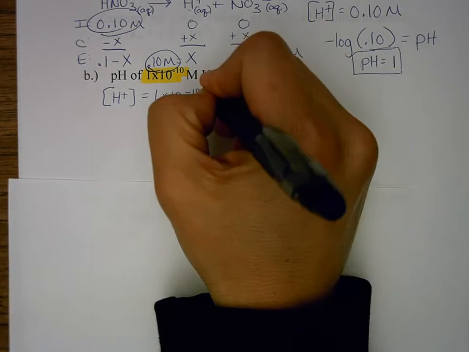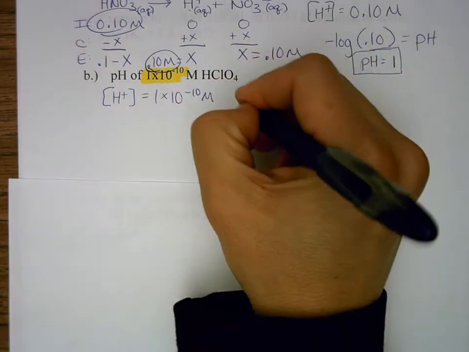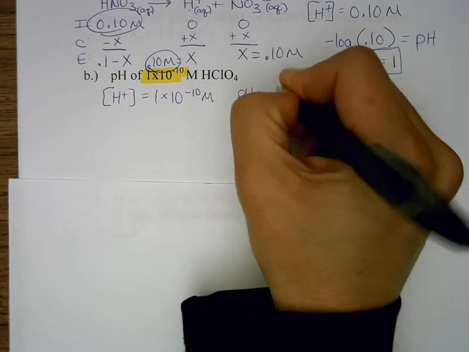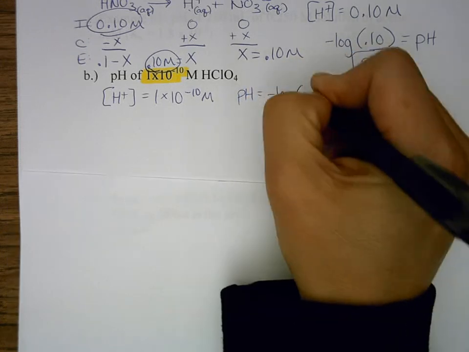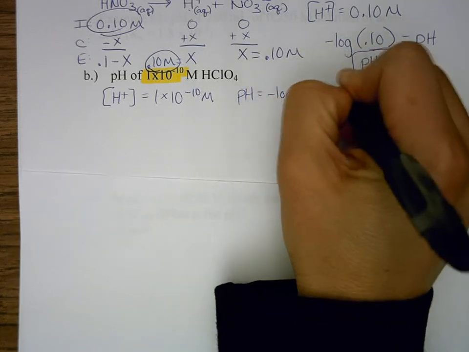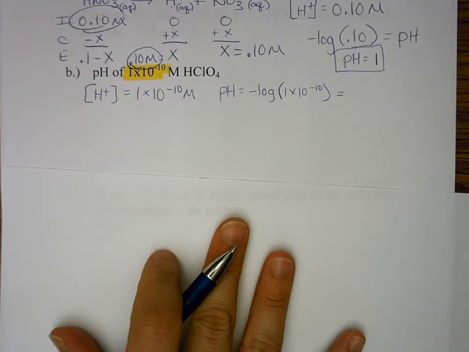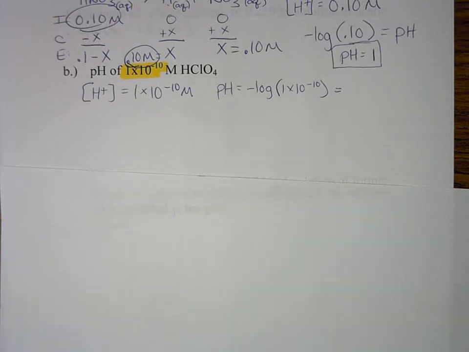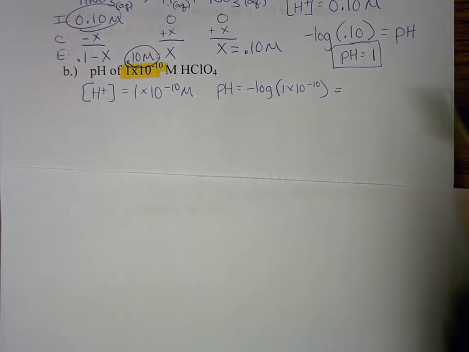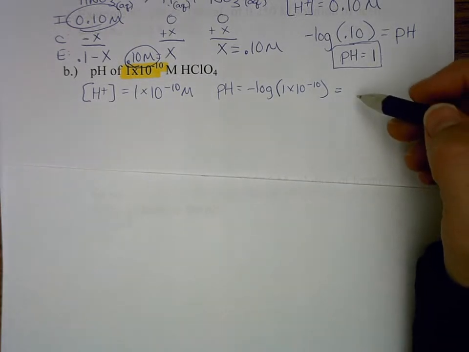So that seems really easy. Seems like you should just plug in pH equals the negative log of 1 times 10 to the negative 10. But if you do plug that in, what is the pH that you get? You get 10.